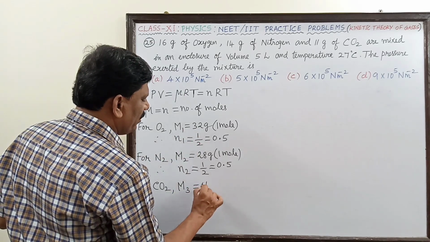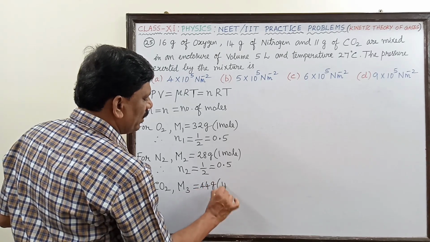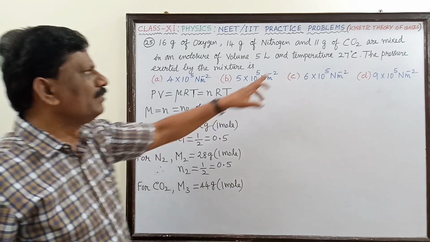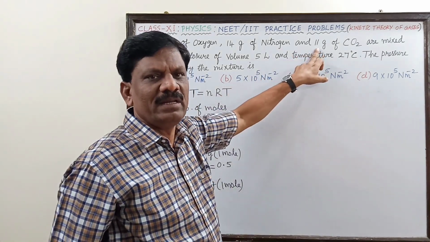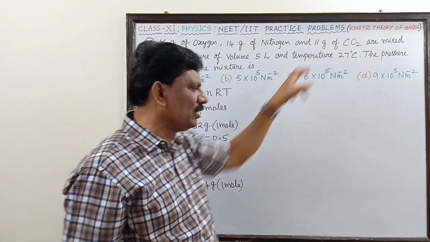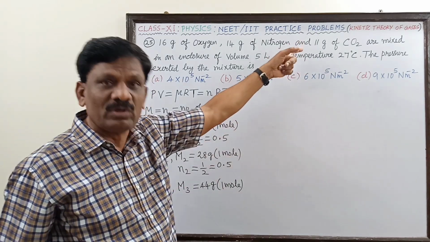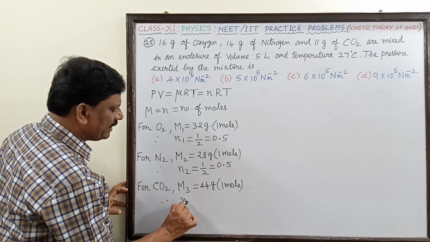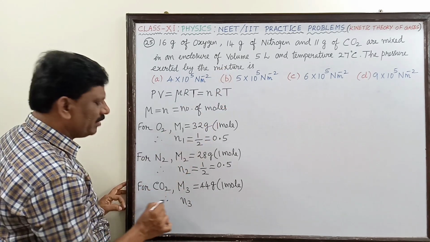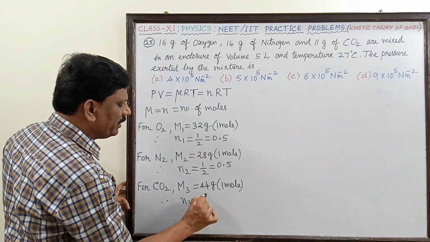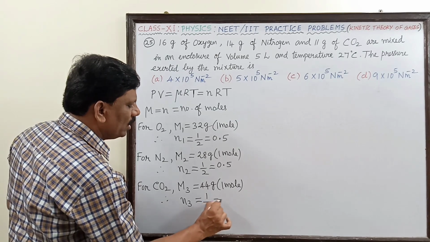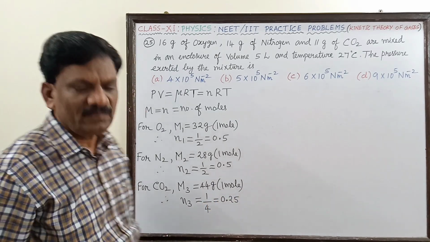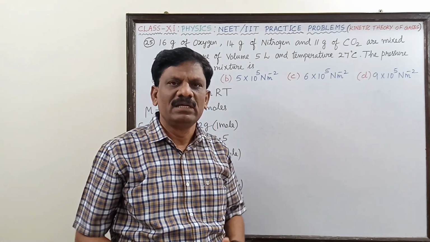So this is 44 gram, 1 mole of carbon dioxide. But given mass is 11 gram. 11 fours are 44, is it not? So out of 44, this is only 1/4. So the number of moles N3 in 11 gram of carbon dioxide must be equal to 1 by 4. So that is 0.25. Are you all understanding up to this?